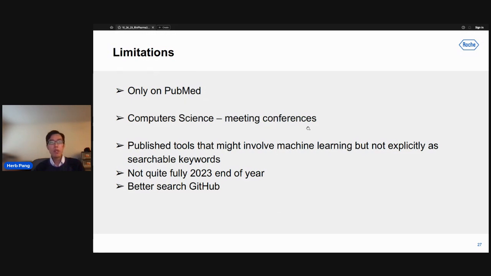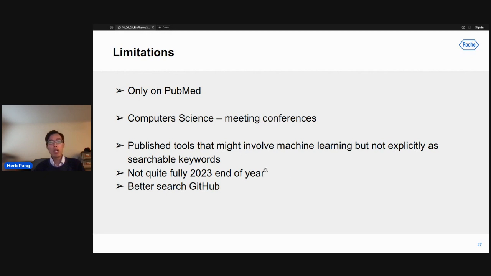There is definitely other research work that may be published in computer science conferences, but those are not incorporated because we didn't do any abstract search. And published tools that might involve machine learning, but not explicitly as searchable keywords, could have been missed.